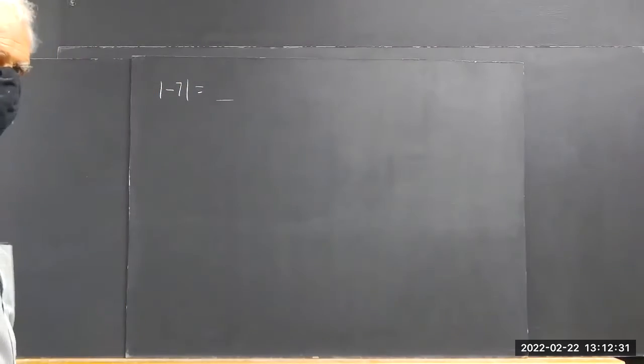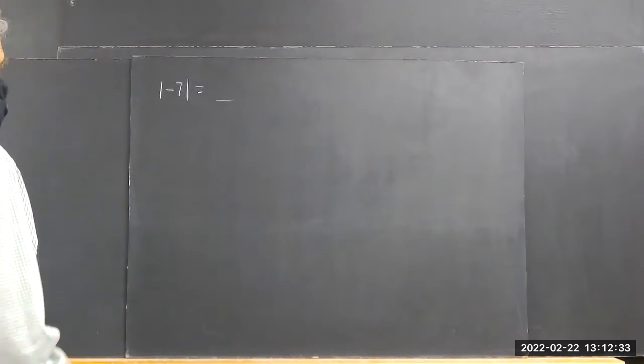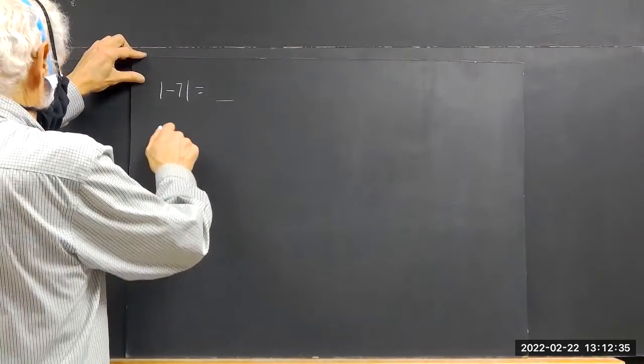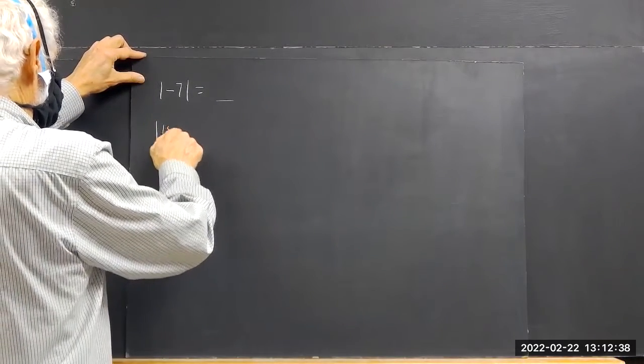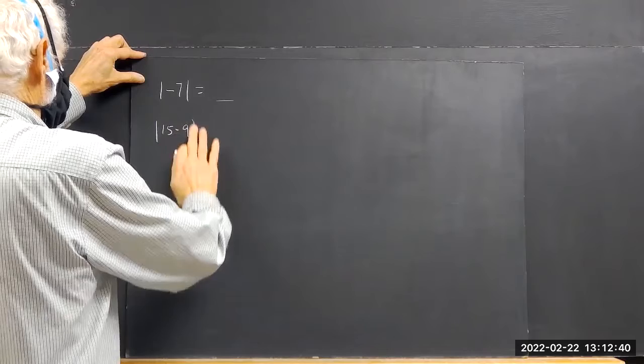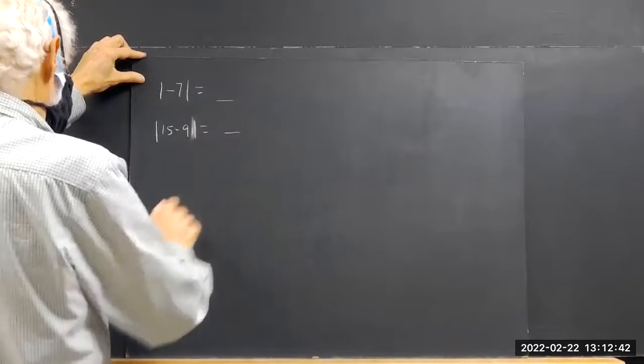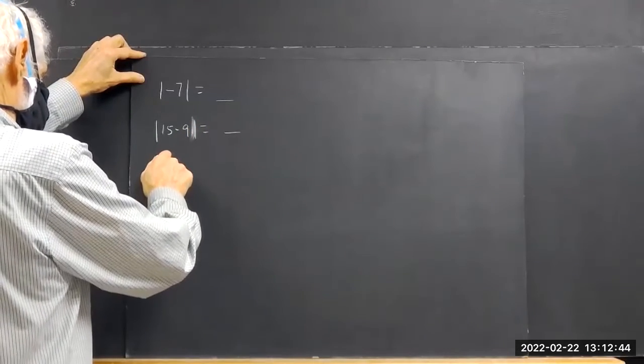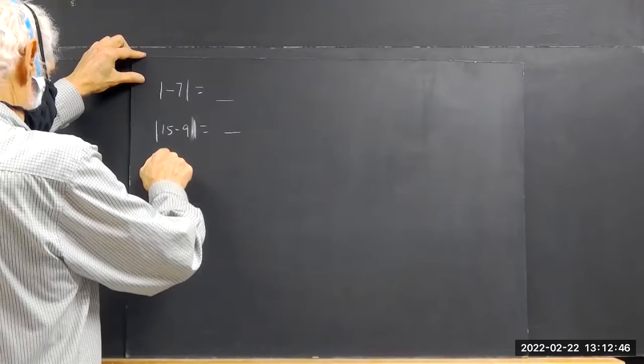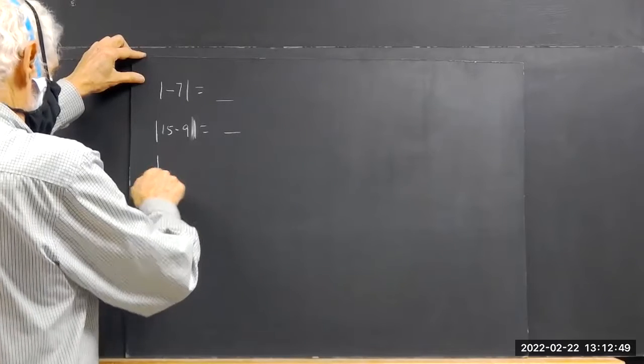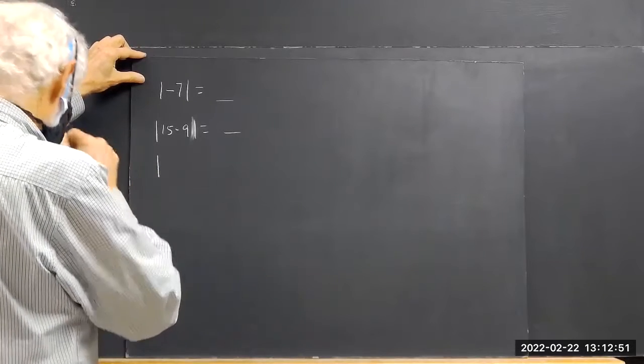I have to write down a few things. Like, absolute value of -7 is what? Absolute value of 16 minus 9.